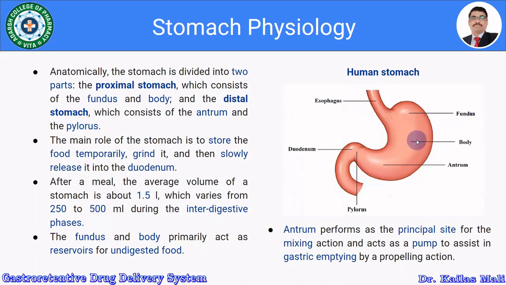The fundus and the body primarily act as a reservoir for undigested food. The antrum performs as the principal site for mixing action and acts as a pump to assist in gastric emptying by propelling action.